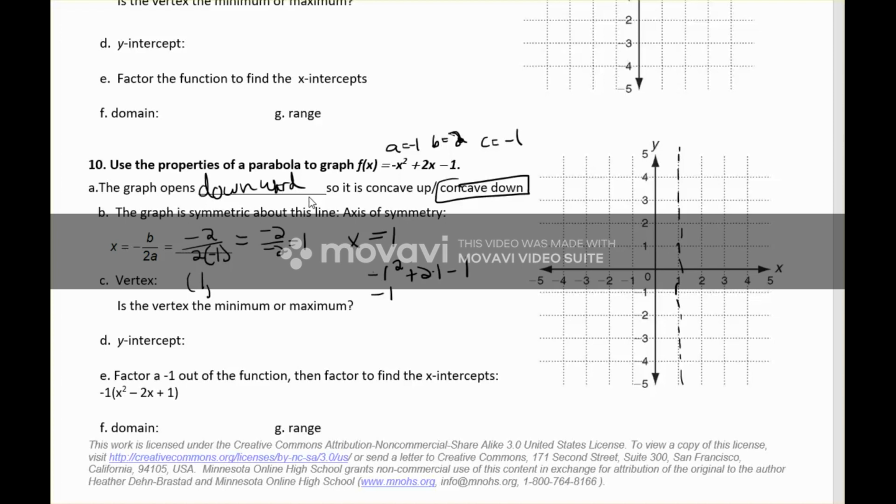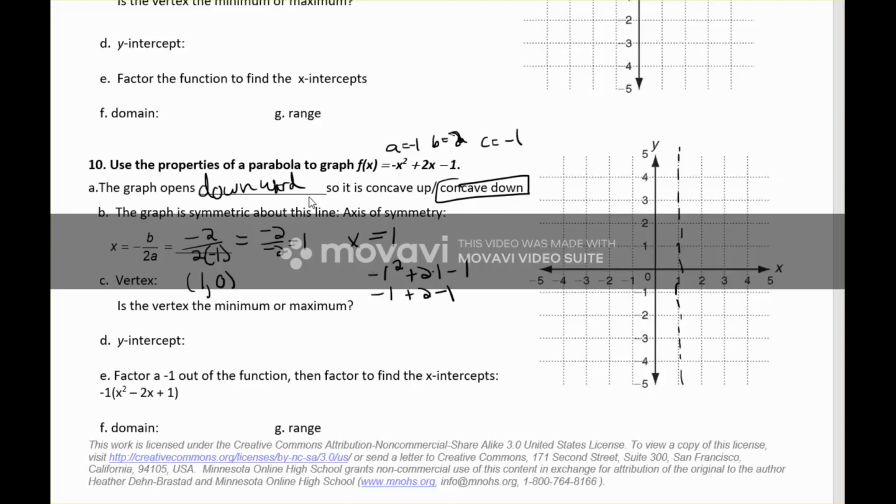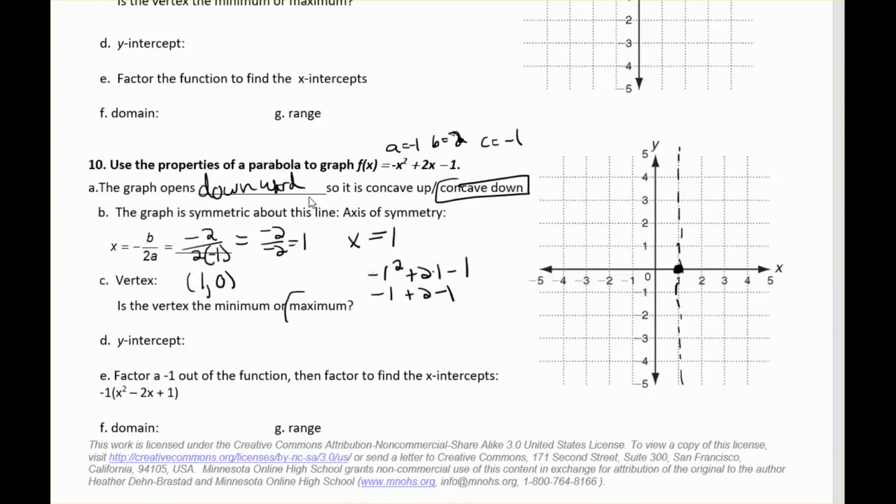So negative 1, 1 squared is 1, plus 2 minus 1. So negative 1 plus 2 is 1, minus 1 is 0. So the y value of my vertex is 0. So I have a vertex at 1, 0, so right here. And this vertex, because it's opening downward, will be the maximum point.